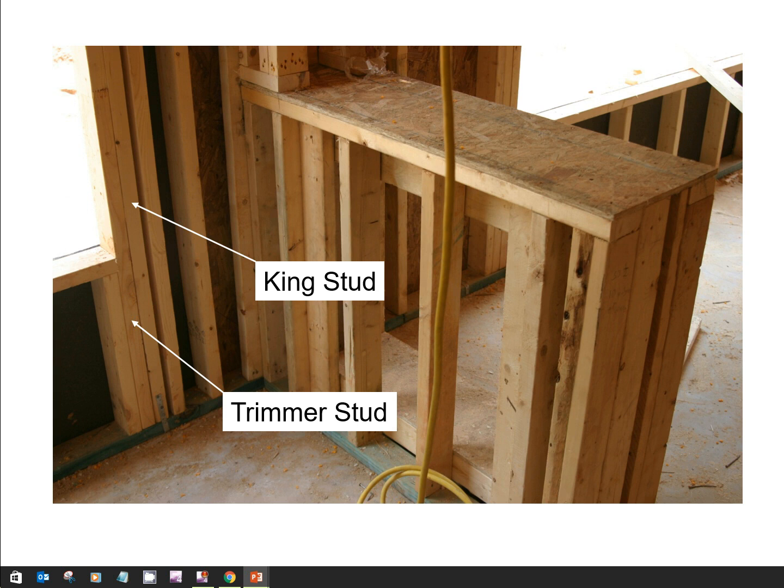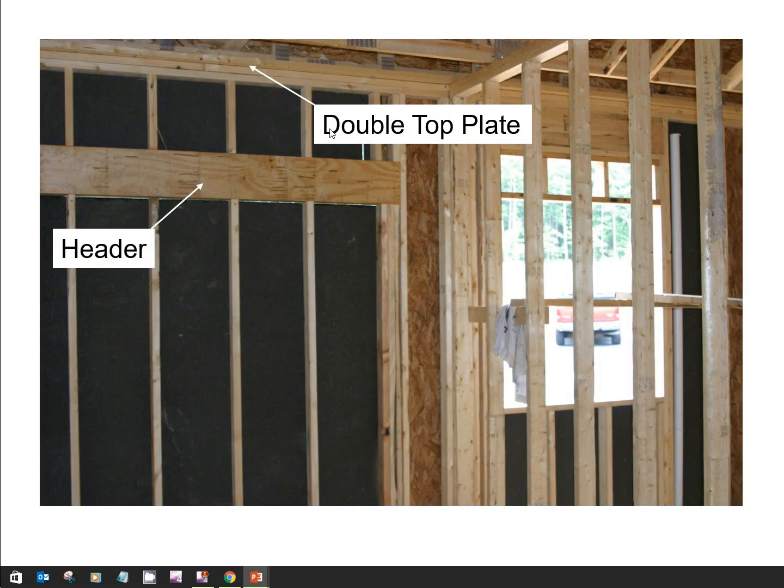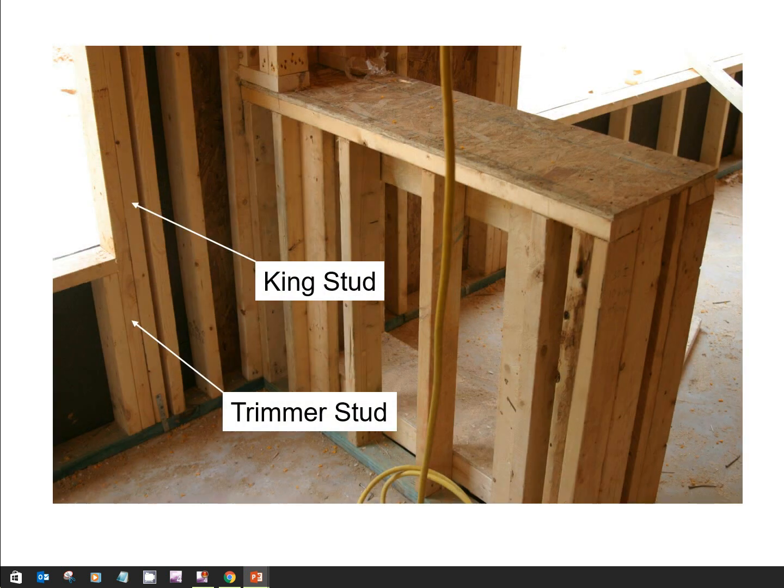We would have the king stud right here. It goes all the way up. Then we have trimmer studs that go up to the header. And the number of trimmer studs you need is based on the size of the header. And the size of the header is based on the size of the opening that you have.